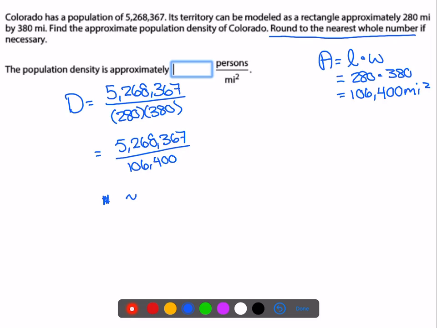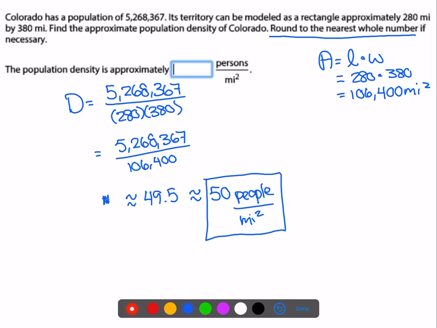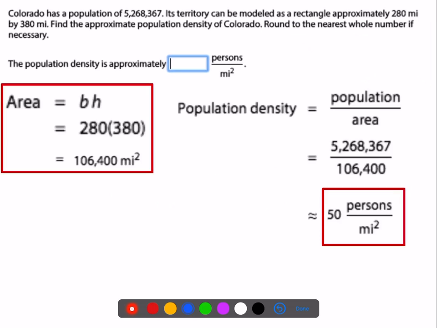If I'm rounding to the nearest whole number, that'll give us 50 people per mile squared. So in Colorado, the population density is about 50 people per mile squared. And again, here's the math for us. Use this to check your work as you go through if you need to.